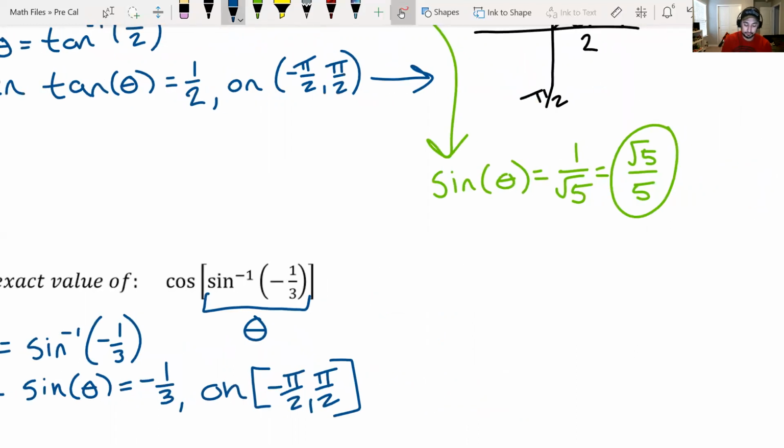And again, what do we do with this information? We put it on the unit circle, and the unit circle only involves the inverse trig's restrictions.